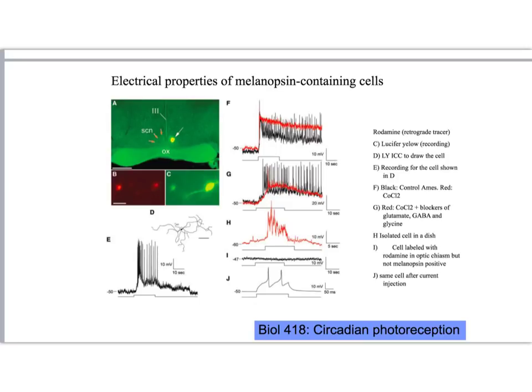And this is very similar to what's shown in the Hattar paper that you read. It is essentially showing that indeed having melanopsin in the cells confers on them the ability to respond to light intrinsically. So these cells are intrinsically photoreceptive.